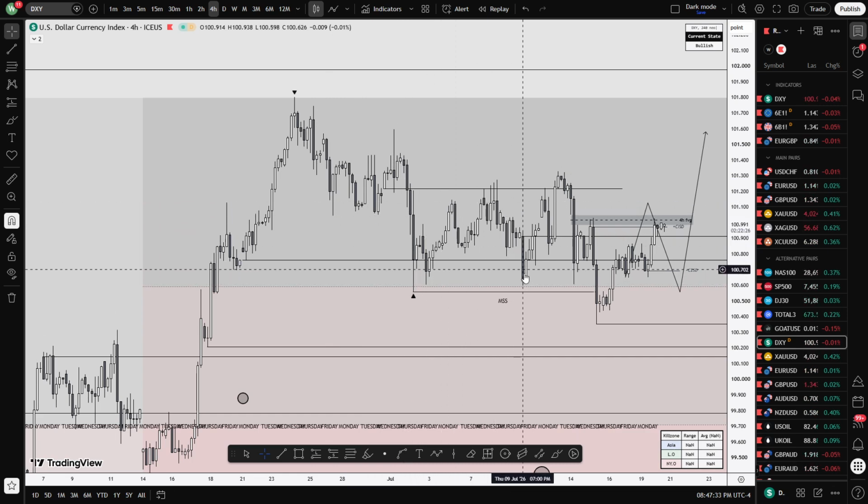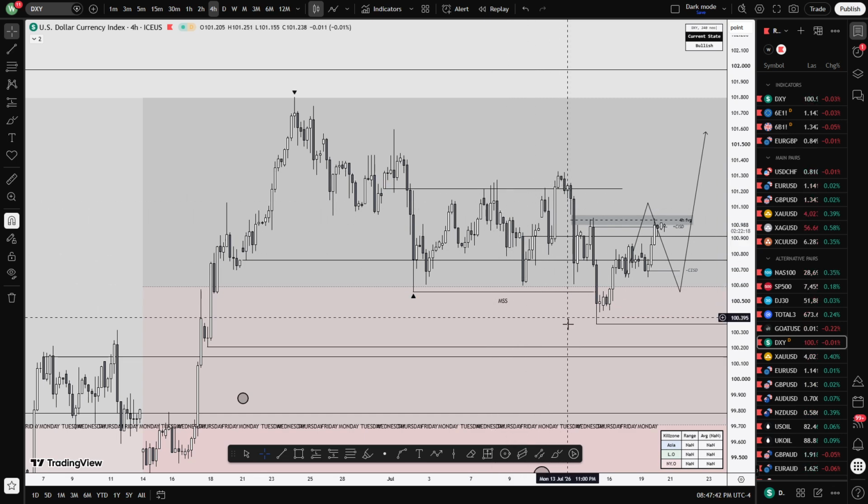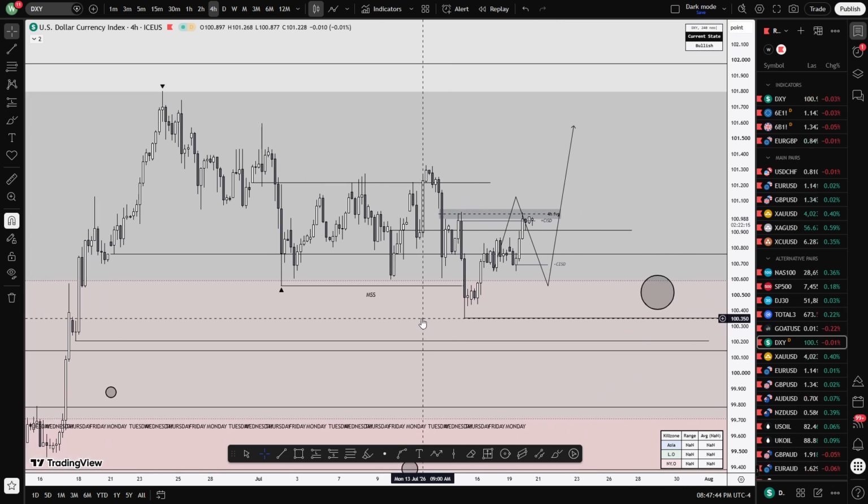And we did the same thing here. Price pulled back into the zone, broke this high again, then dumped lower. So we could see that same thing happening here. Price could trade higher above this and tag this zone and then come back down again, right?